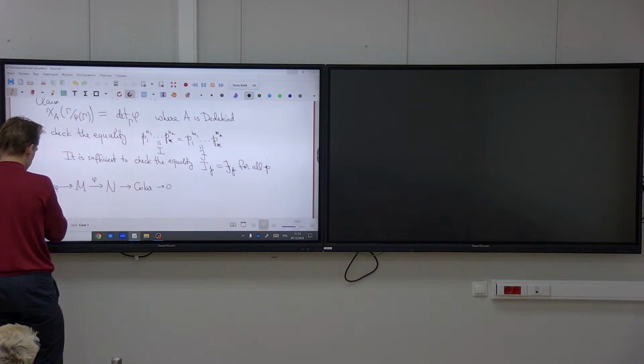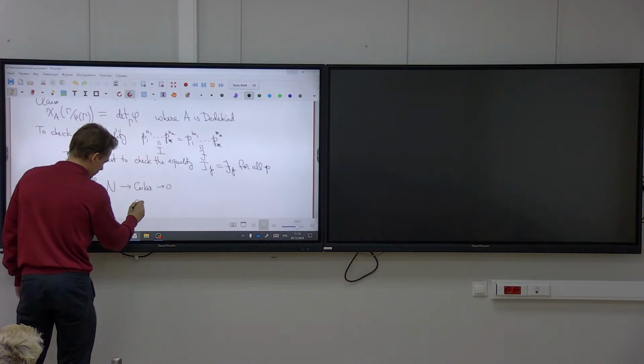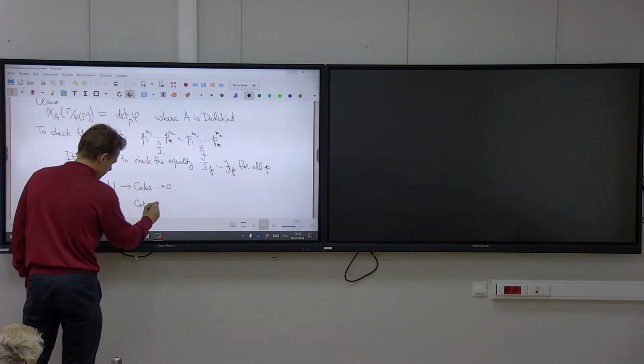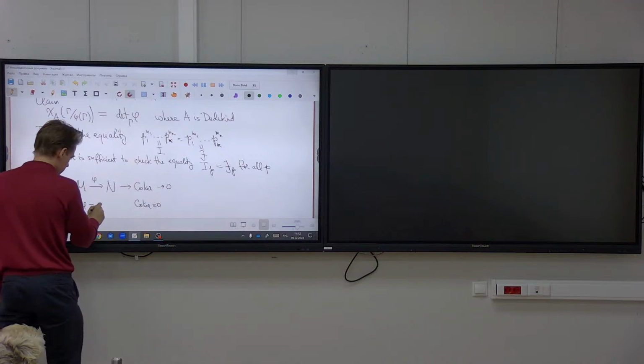To check surjectivity, you have to check that the cokernel is 0, and to check injectivity, you have to check that the kernel is 0.